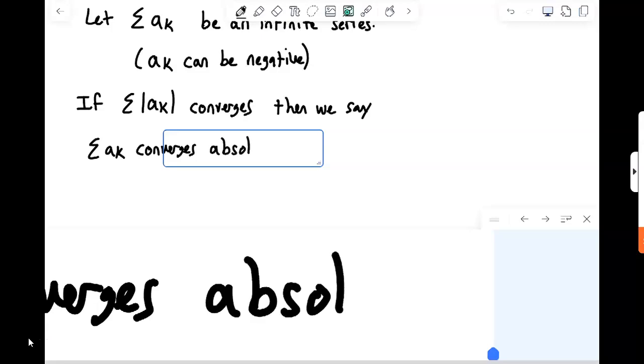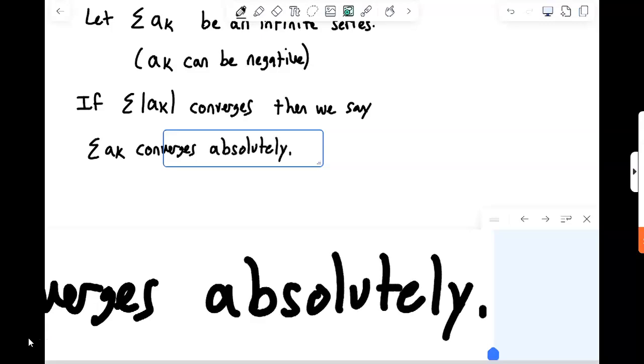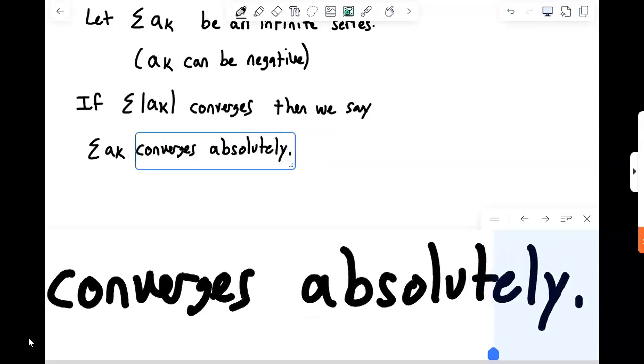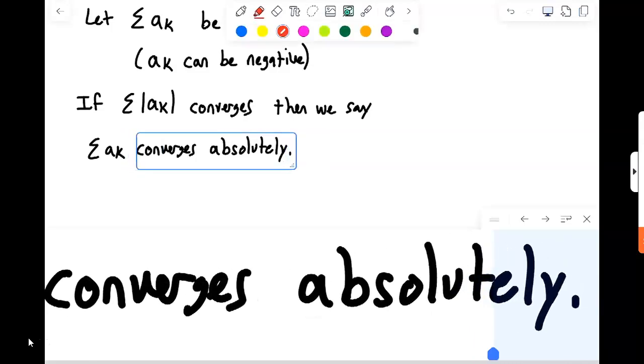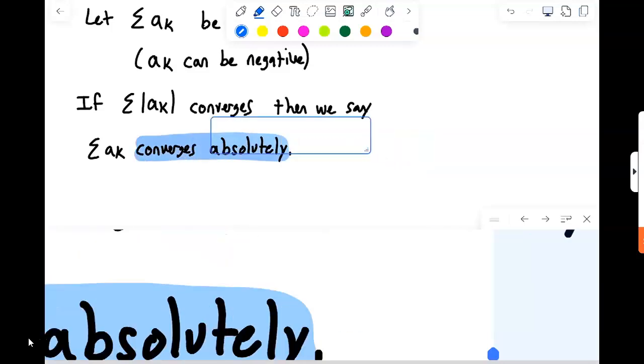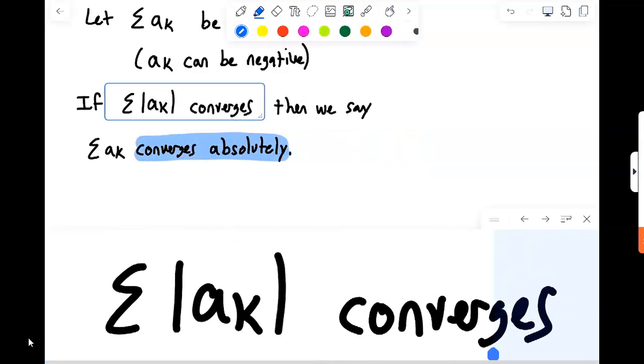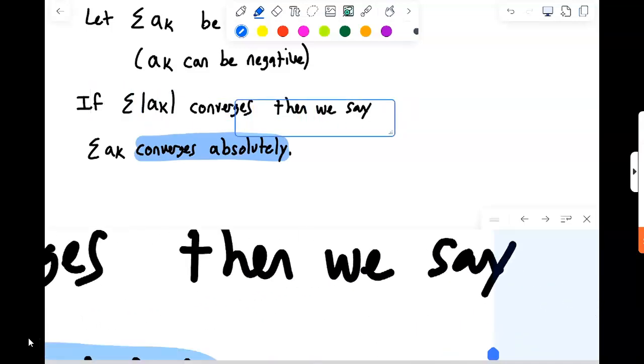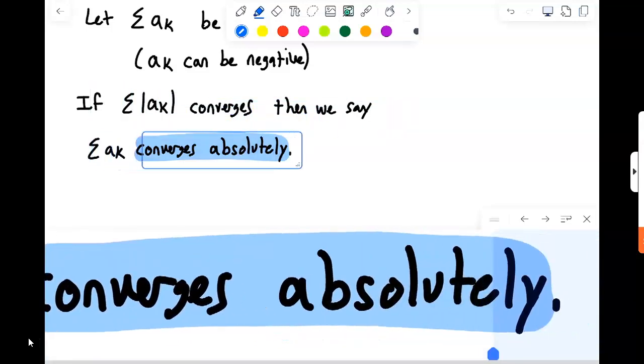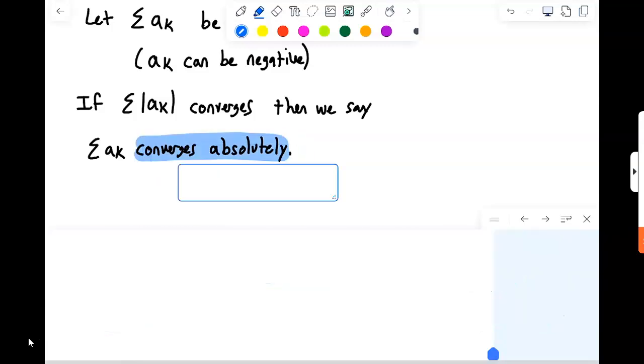Converges absolutely. Okay, so that's our first definition there. That if the series of the absolute value of the terms converges, we say that a_k converges absolutely.